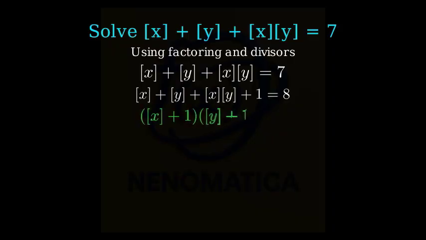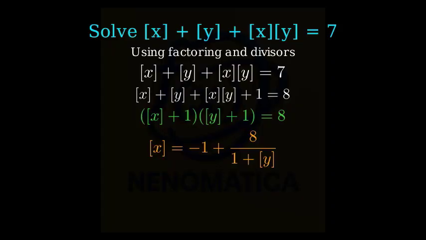Now factor the left side as ([x] plus 1) times ([y] plus 1) equals 8. From here we can isolate [x] as minus 1 plus 8 divided by 1 plus [y].